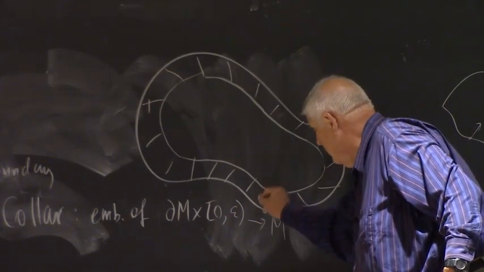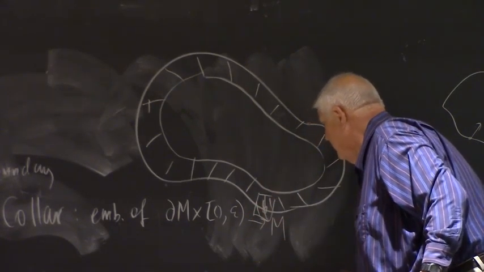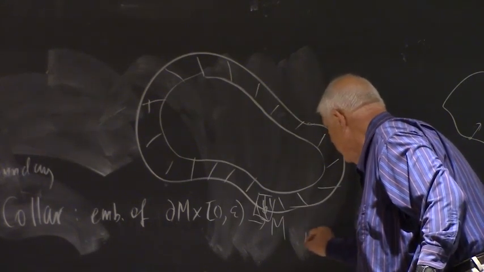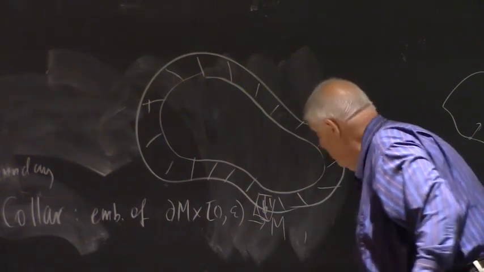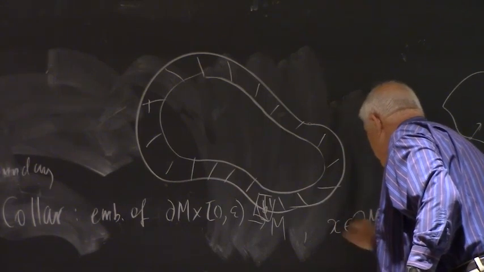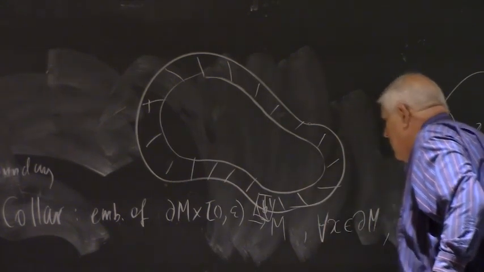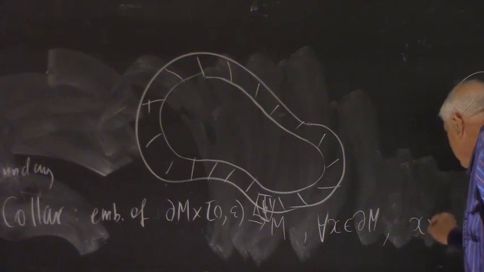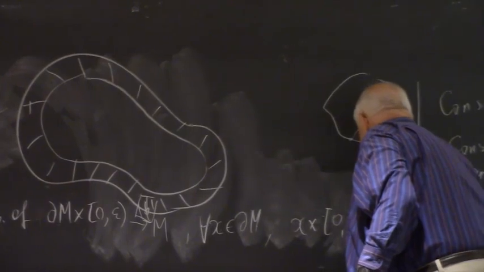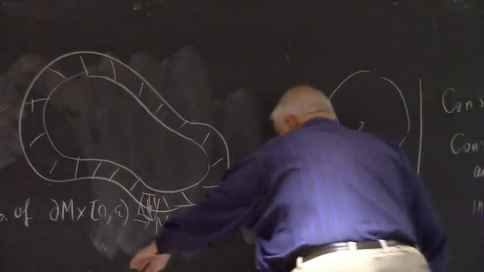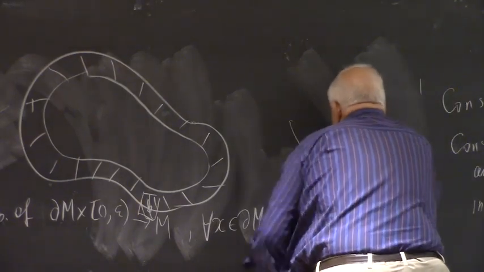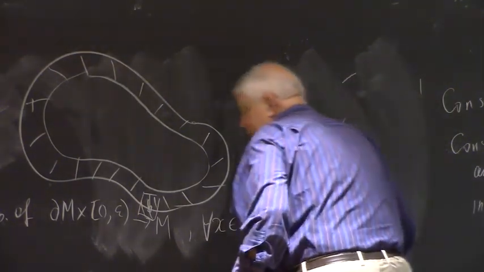So for every point x in dM, we have x times 0 epsilon embedded in M, and this is a curve which should be transverse to the boundary.